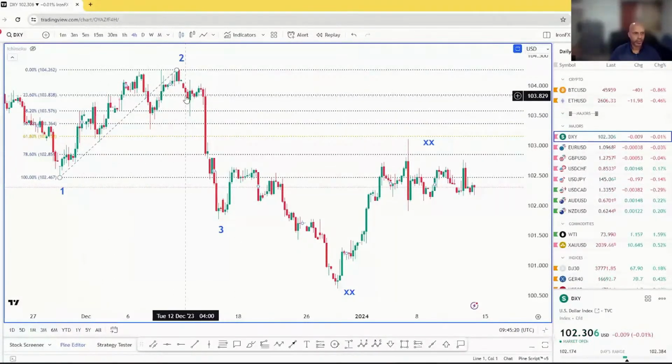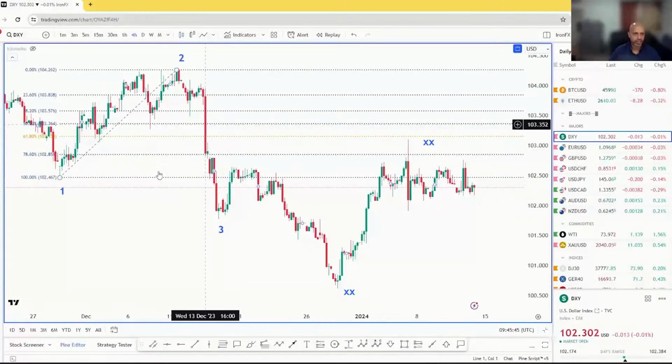So similarly here, 23.6% did not offer any support. Where it did find support this time round was at around the 38.2 before retracing higher and then finally smashing through all the other levels. You can clearly see as it smashed through 38.2, 50%, 61% offered no support. Where it did find support briefly was around the 78.6% Fibonacci retracement.